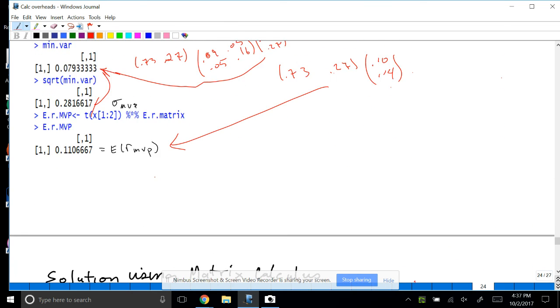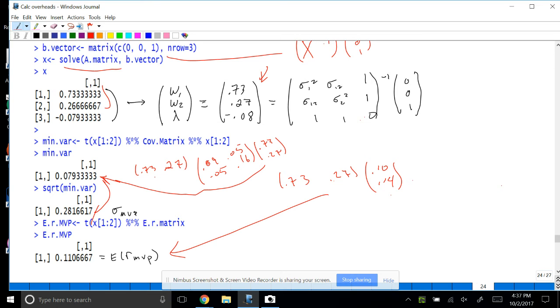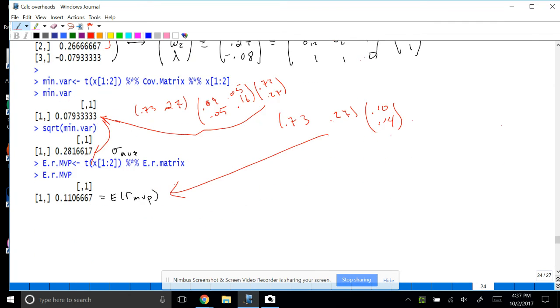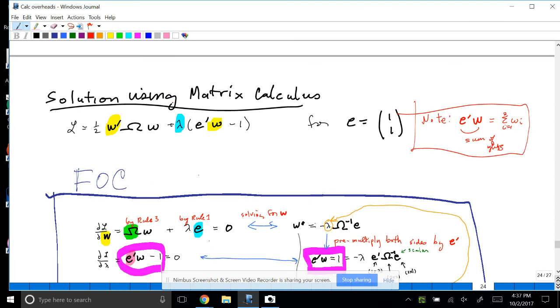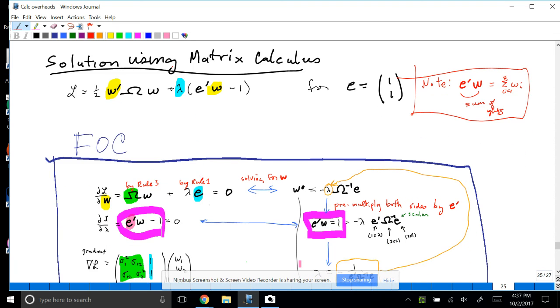All right, so that's Lagrangian multiplier calculus. If we want to do this whole thing with calculus, we have 1/2 times the portfolio variance, with the constraint where I'm going to say E is a vector of ones.